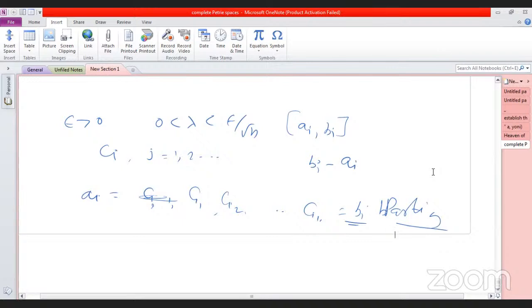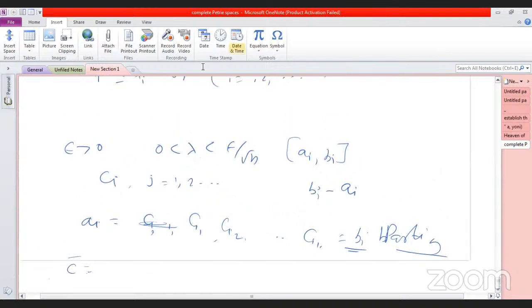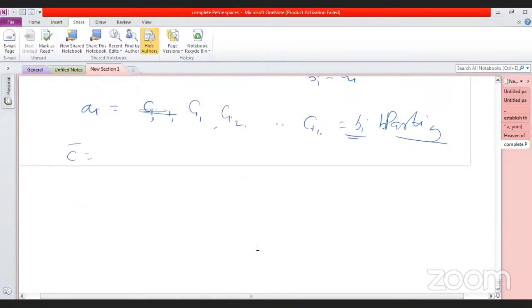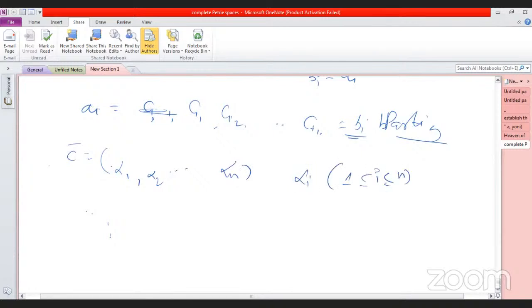Yes. So consider the set of B points, C bar is equal to alpha 1, alpha 2, alpha I, 1 less than or equal to I less than or equal to n.